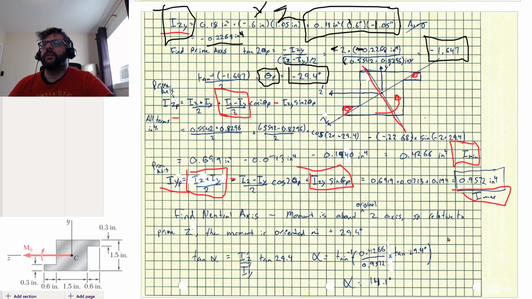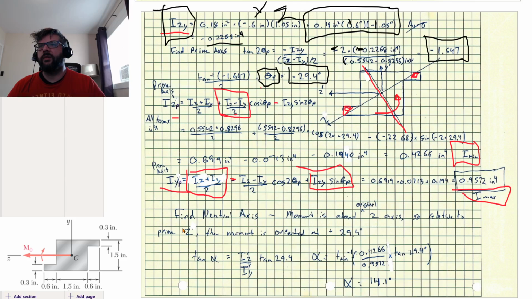The next thing to do is to find the neutral axis. Now we've got our Iz and our Iy for the prime axes. I want to emphasize this: the textbook doesn't make it all that clear, but when you are doing an unsymmetric bending problem, you need to be working off the prime axes for the cross section in question.